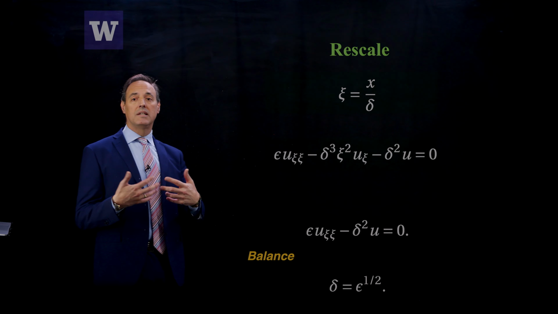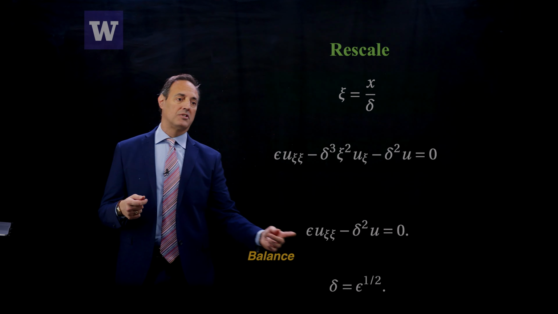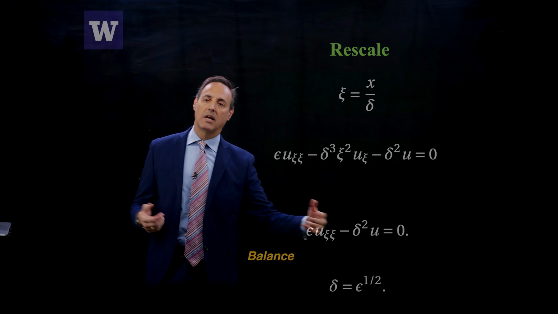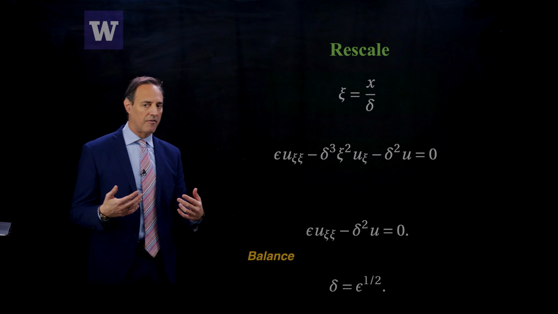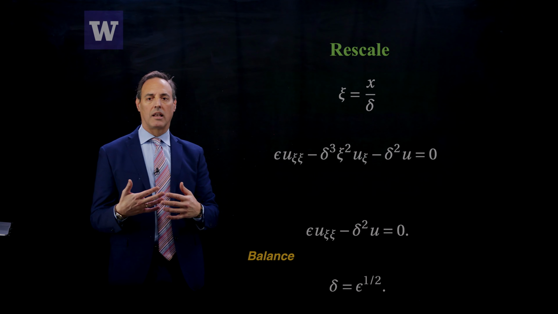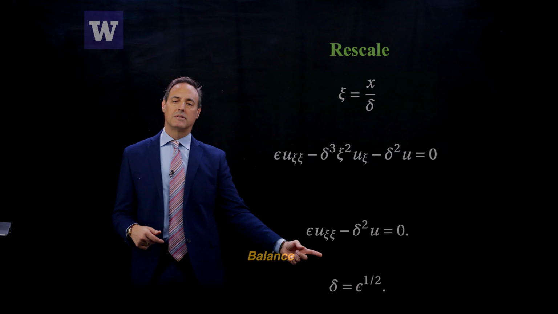By the way, it doesn't take that much work to violate this and ask, what if this doesn't hold, so that this term dominates or this term dominates? You can very easily show yourself that you get solutions that are essentially not going to allow you to do matching or satisfy the boundary conditions. This is the only balance that allows you to do it.